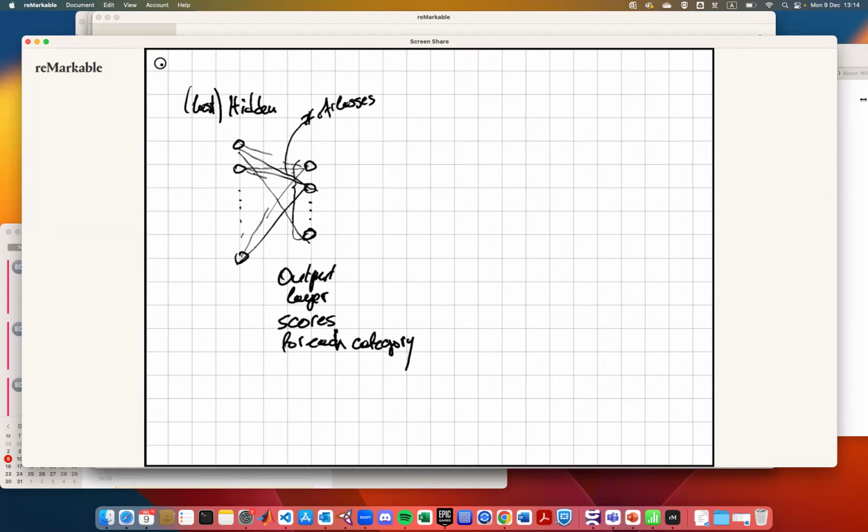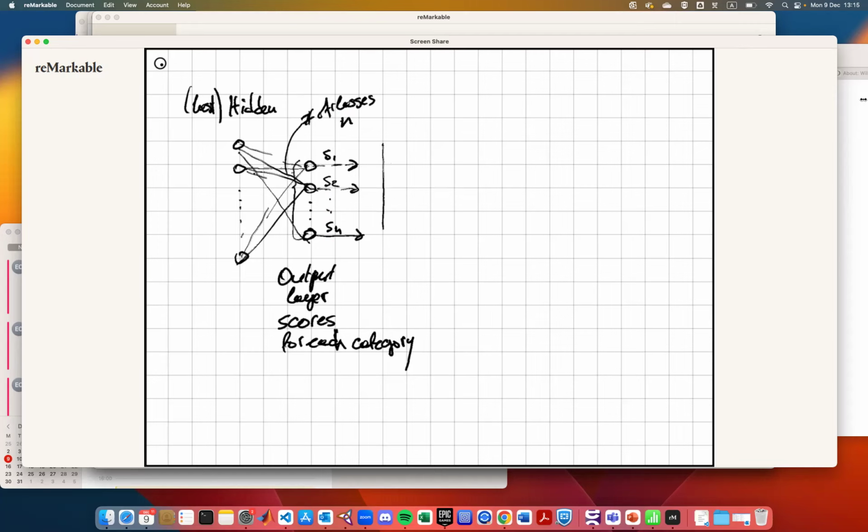These are what we denoted previously as small s1, s2.